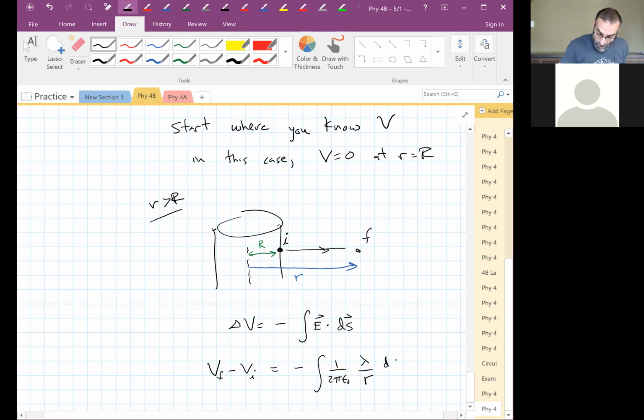Then we have a dr, and then we have a cosine theta. Theta is the angle between the electric field and our dr. We're going in this direction, and our electric field points in this direction. So we get a 0-degree angle there. They point in the same direction, E and dr.